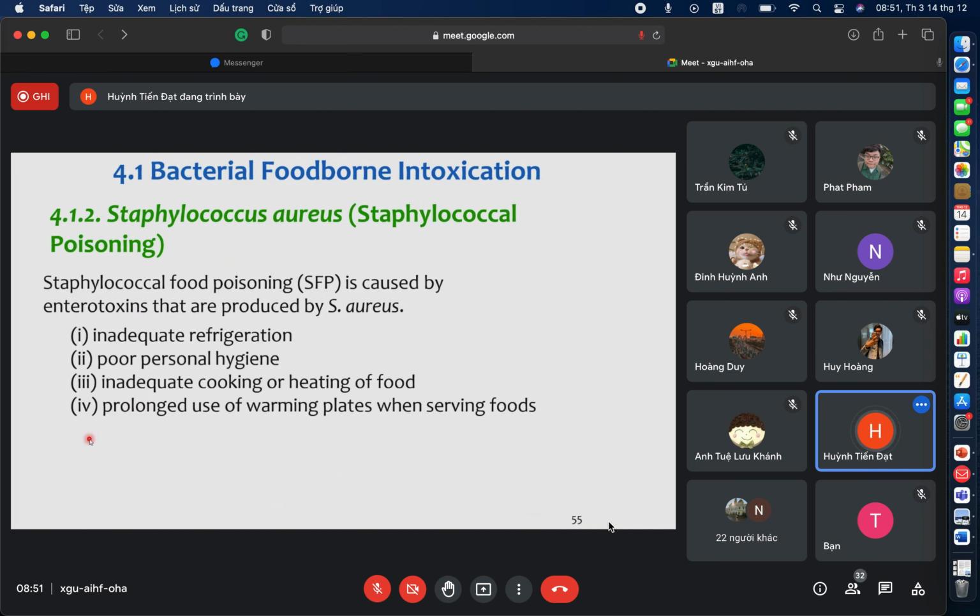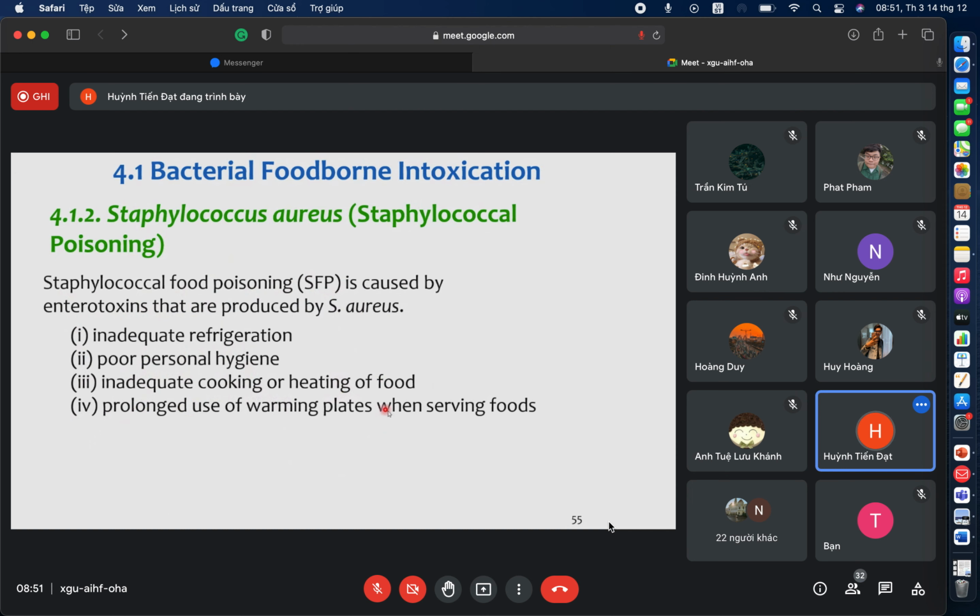Some conditions can contribute to toxins being available in the food: inadequate refrigeration, poor personal hygiene, inadequate cooking and heating of the food. These just give Staphylococcus the chance to grow, and when they grow, they generate the toxin.